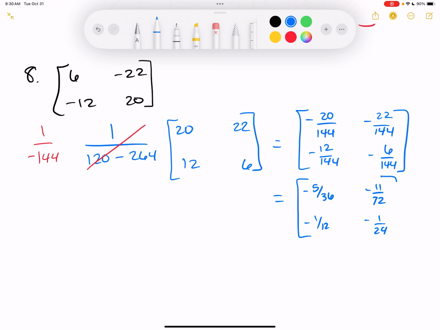So now, to show you that this comes out to be the identity matrix, hit the multiplication button. It's going to say your answer, and then it's going to have the little multiplication sign. And then call up matrix A again.